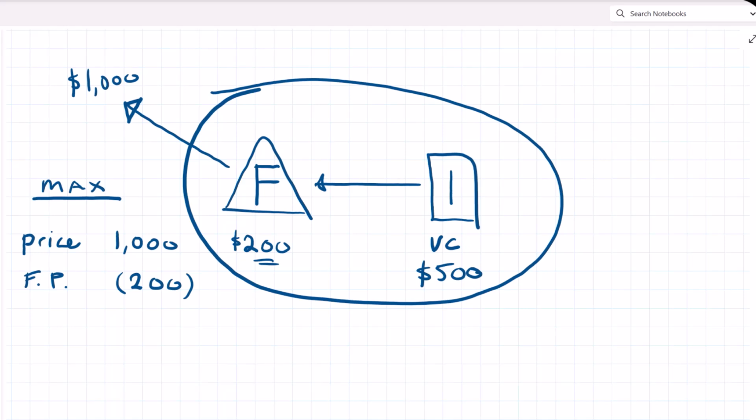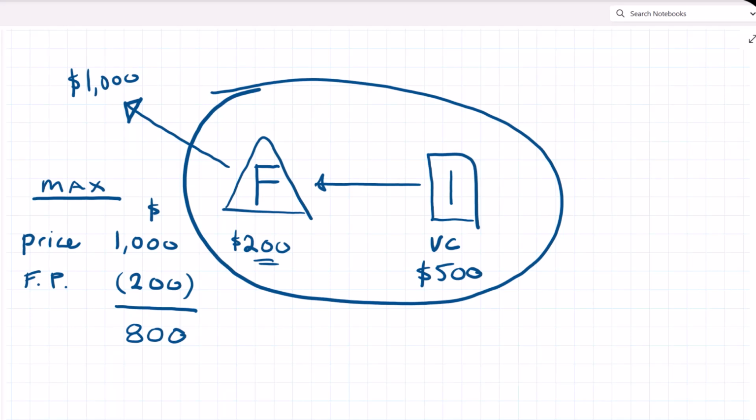What's left over, people? $800. So we could call that the net revenue earned, right? We charge $1,000. We've got to pay $200 further processing. So the difference there, $800.